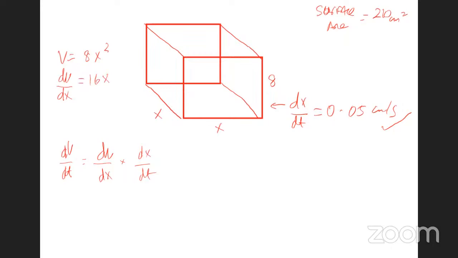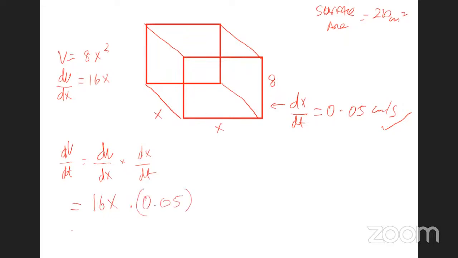How do we get that x value? Celine, how will you get an x value? Right, we have everything else, but we need that x value. We know dV/dx is 16x, and we know dx/dt is 0.05.